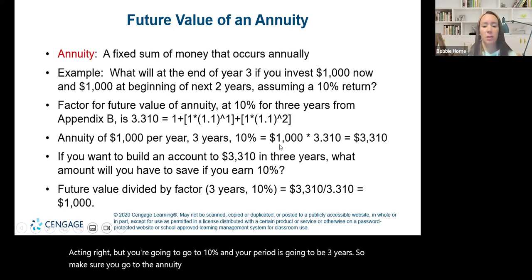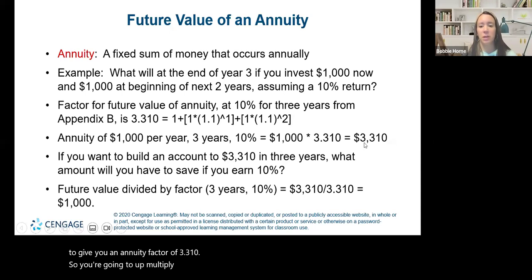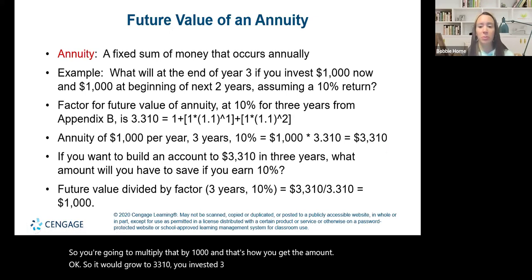When you go to 10% and 3 years, it's going to give you an annuity factor of 3.310. So you're going to multiply that by 1,000, and that's how you get the amount. So it would grow to 3,310. You invested 3,000, so you've made $310 off of it.